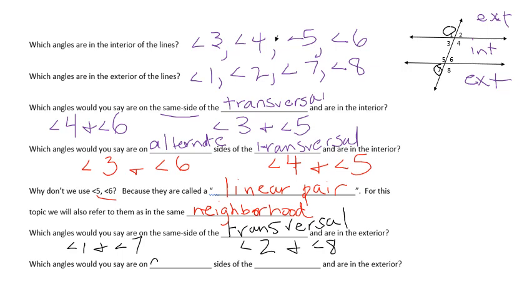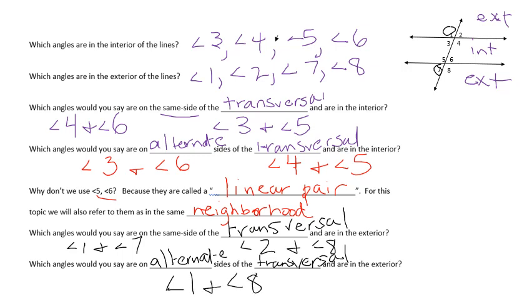And if we want alternate sides of the transversal and in the exterior, then we want 1 and 8 because 1 is on the left, 8 is on the right.